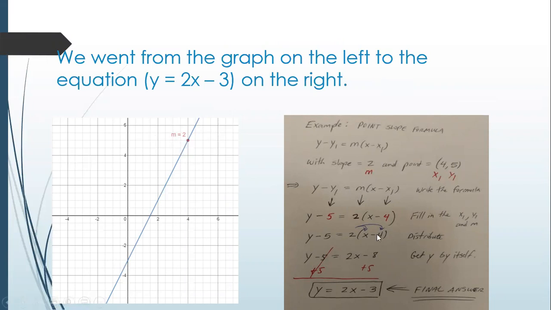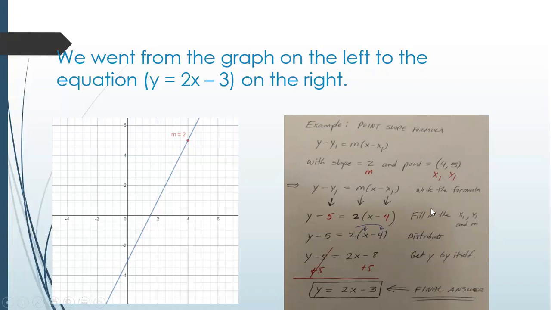What did we do? We rewrote the formula, filled in the x1, the y1, and the m, distributed, and got y by itself. Those are our basic 4 steps: write the formula, fill in the x1, the y1, and the m, distribute on the right side, and get y by itself.